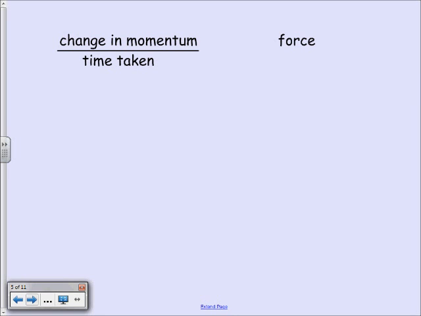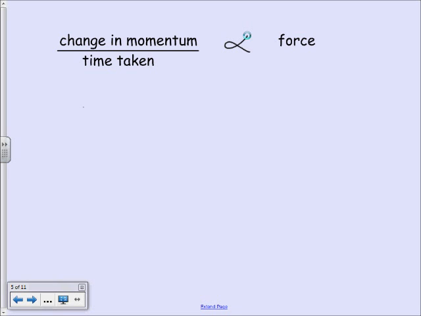All right, so taking that Newton's second law and starting to turn it into an equation, change of momentum over time taken would be rate of change of momentum. And we're saying that that is proportional to, that Greek letter alpha means is proportional to the force acting.